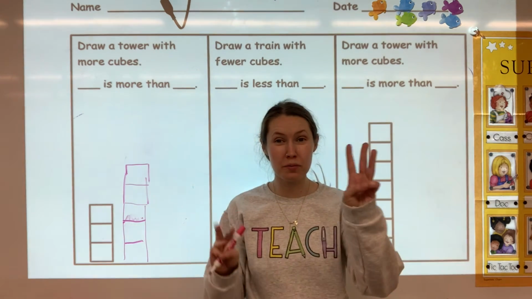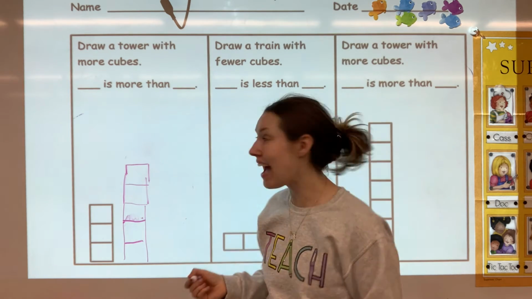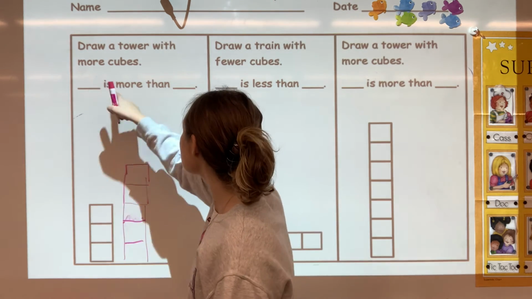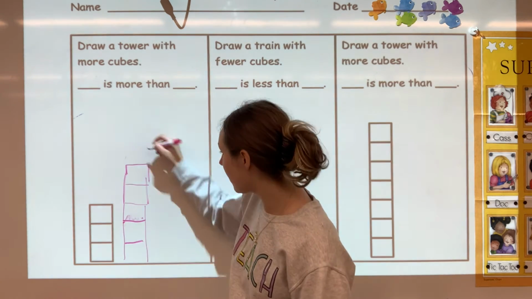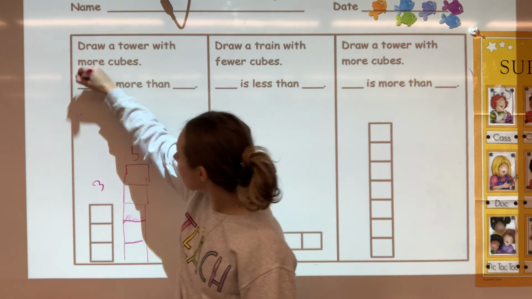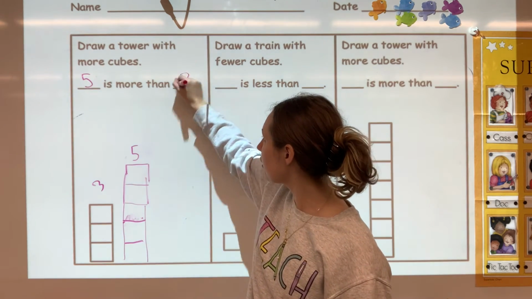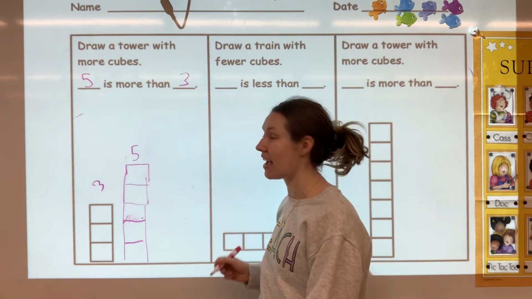So what is 3 and 2 more? That makes 5. So now it says blank is more than blank. What are the two numbers that I'm comparing? I have 5 and 3. 5 is more than 3. And I know that it's 2 more than 3 because that's how many I added.